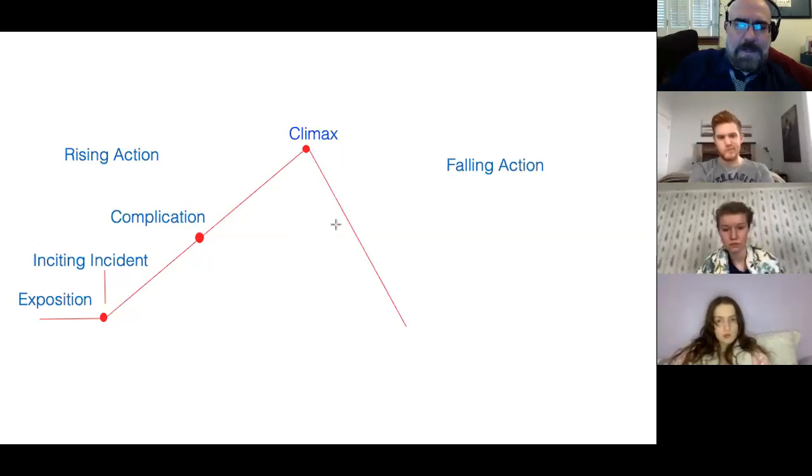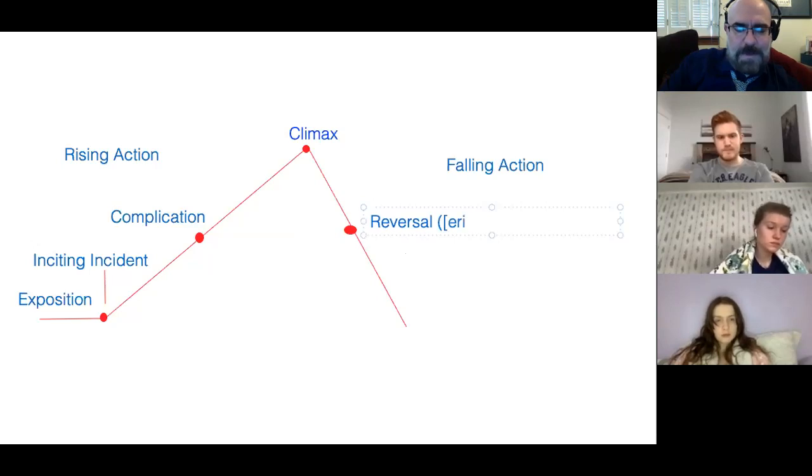And then over here, you get the opposite of the complication, which is called the reversal. Now, Aristotle had a different term for this. If I can spell the word right, let's see.